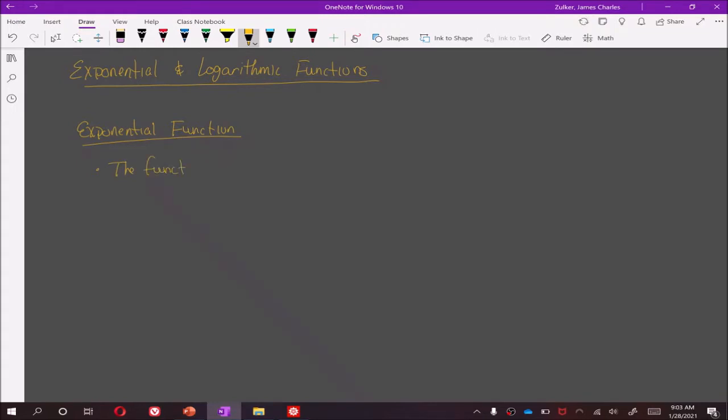So the function defined by f of x equals b to the x, where b is greater than 0 and is not equal to 1, is called the exponential function with base b.